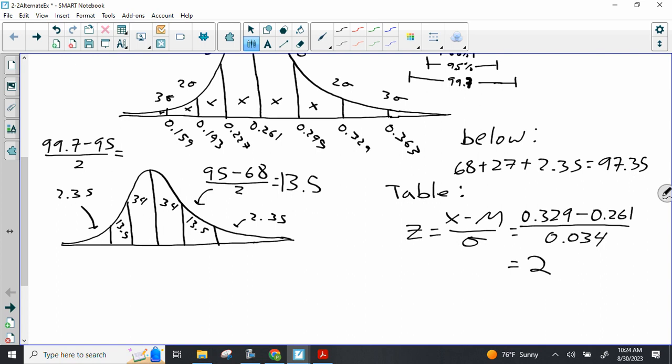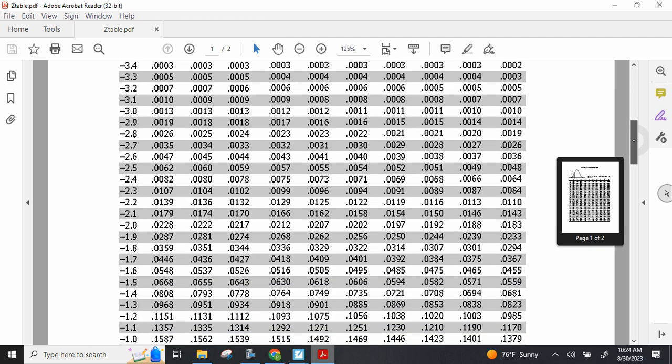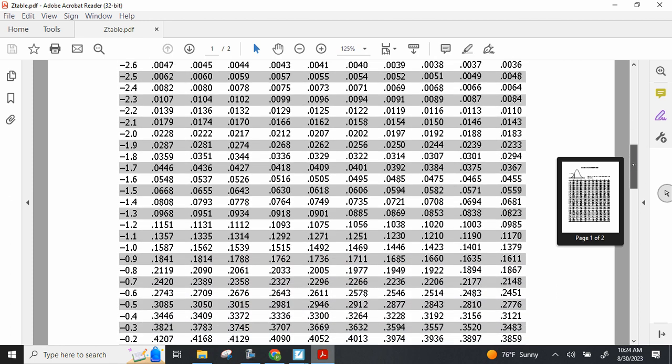Now what we do is we go to our handy dandy z table, and we're going to look for 2.00. So I'm going to get that out. Boom, there it is. It's going to be on the positive side, which I wish I was feeling. It's okay. If I start singing a Jackson 5 song, you know it's bad.